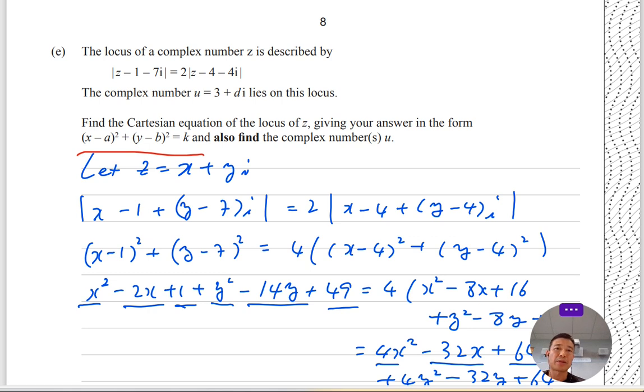And also find the complex number u. Right, so again, do you remember? If it is a locus problem, you must say z equals x plus yi, and plug that into the equation, right? And then you simplify, so square root, but I squared both sides. So that's why 2 becomes a 4, right?